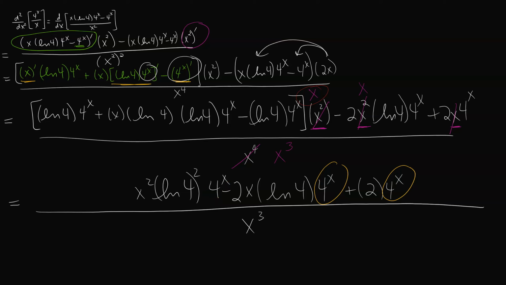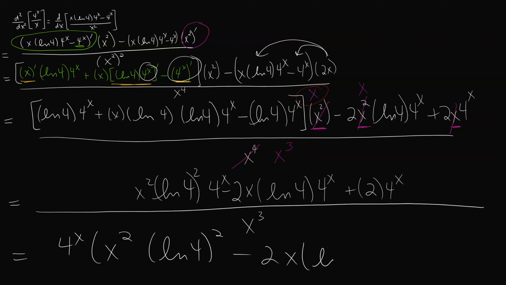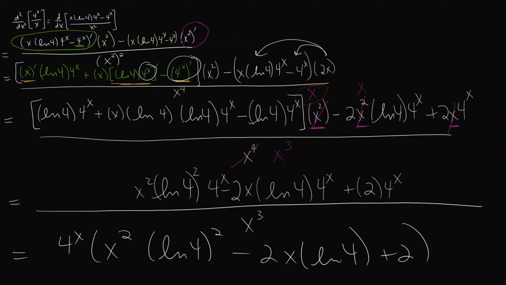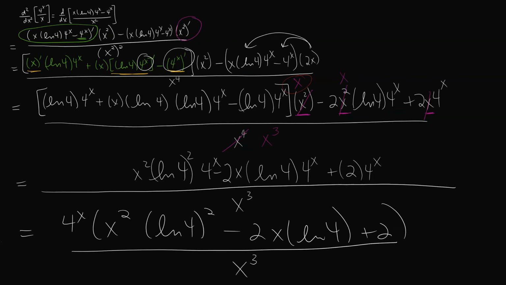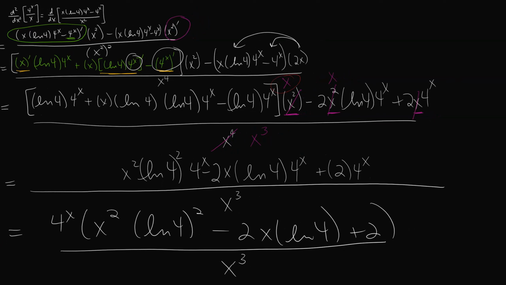So you can leave it like this, or if you want to factor out 4 to the x from the numerator and then write the rest, you certainly can do that too. So I'll leave that up to you. And then all over x cubed. So it took a while and it stretched the capacity of my screen, but we found the second derivative.